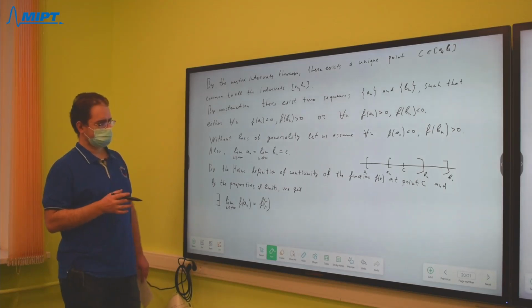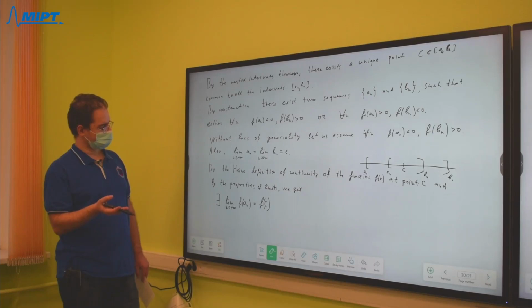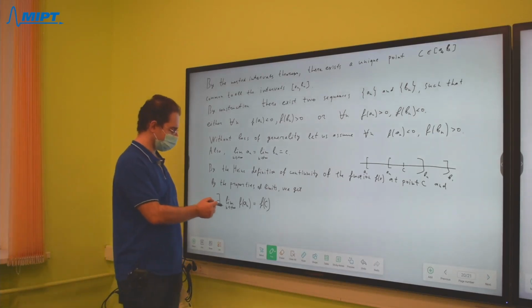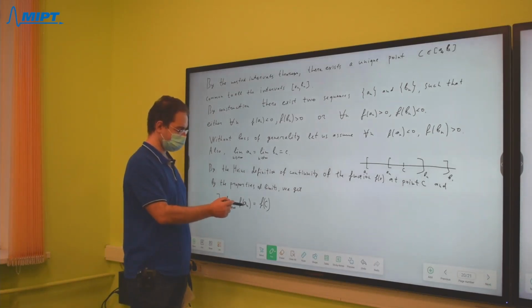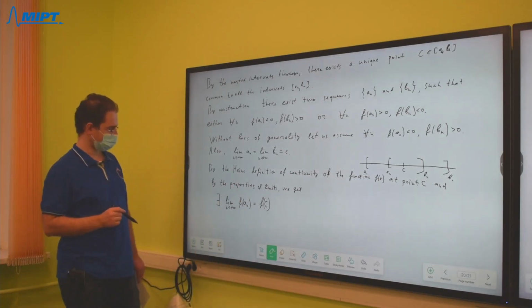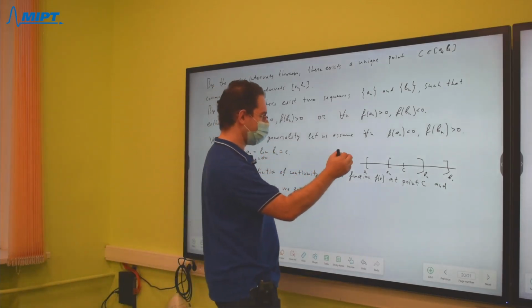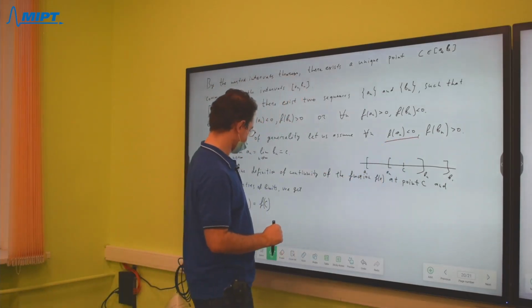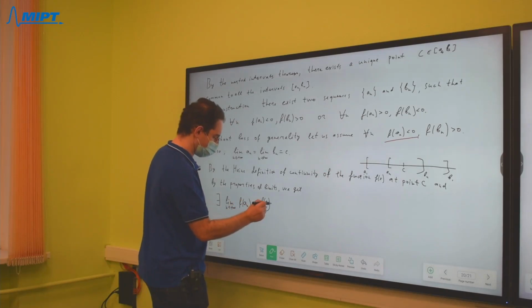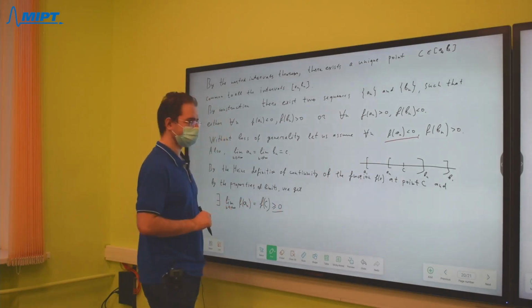Since my function is continuous at point C, this limit of f of an should be f of c. This is just by continuity. Also, since we know this bit, we can write down that this is less or equal than 0.